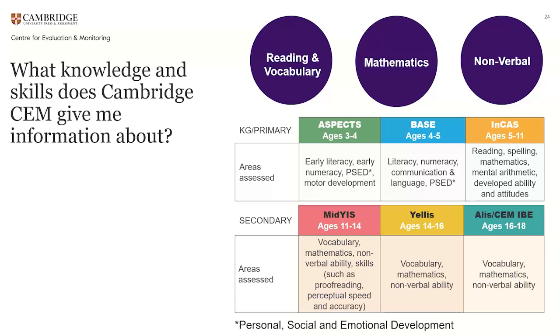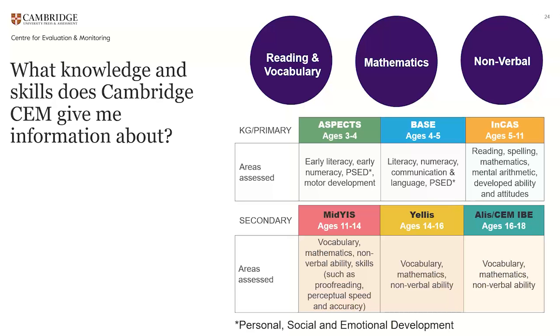Underpinning all of our assessments is a wealth of academic research which links these key areas of early and further learning with ability, aptitude, and later academic success. Again, it's probably the subject of another presentation, but we can talk, if you're interested, about the research pedigree that our assessments are built on.